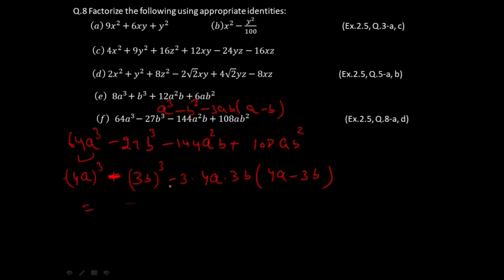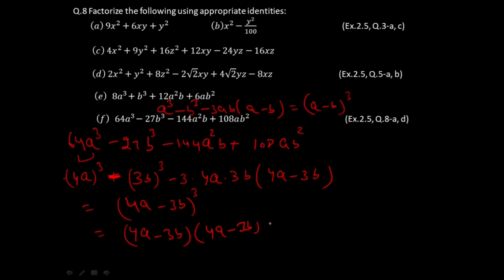And this whole thing equals what? As per the identity, a minus b whole cube. So the whole thing is equal to a minus b whole cube. That is not the answer. Write it 3 times. This is first, second, and this is third, my answer.